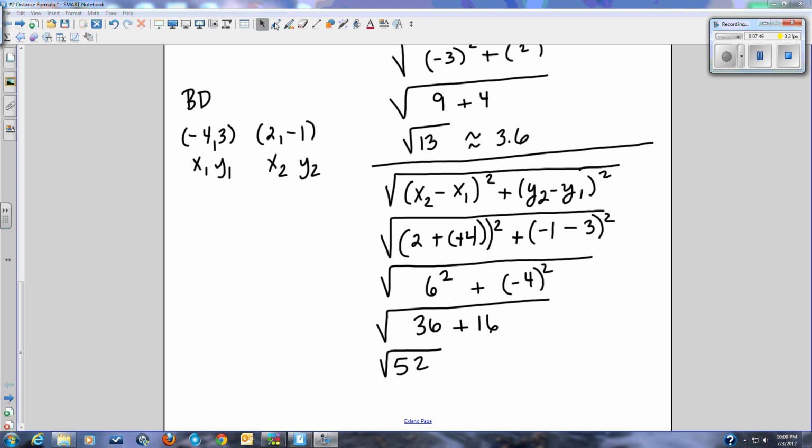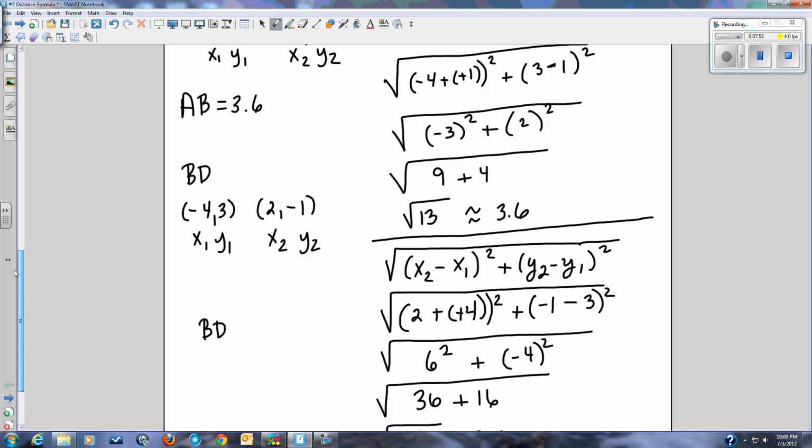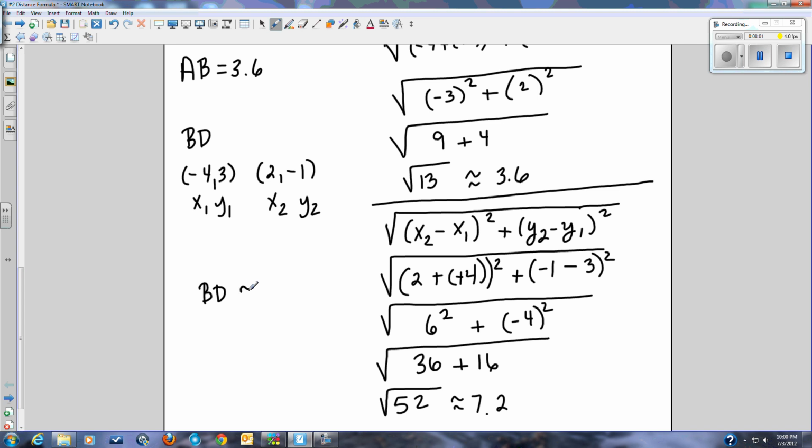If we use our calculators to approximate the square root of 52, we end up with approximately 7.2. So the length of segment BD is approximately 7.2. And I should have used the approximately symbols, which are these two little squiggly lines, with the other segment as well. It just means when you're taking a square root and the answer isn't exact, that this is a rounded answer. So it's approximately correct, 7.2.